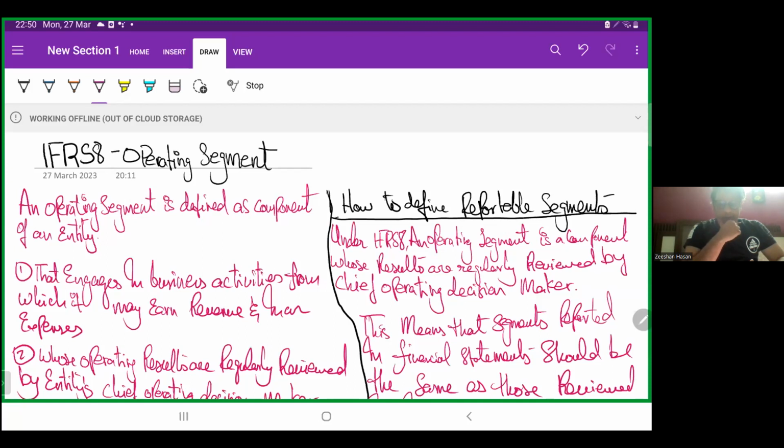Right, let us start with the IFRS 8 operating segment. So, what is an operating segment?